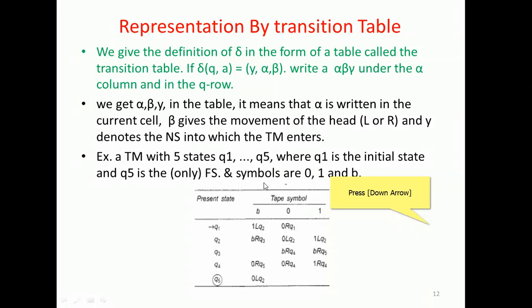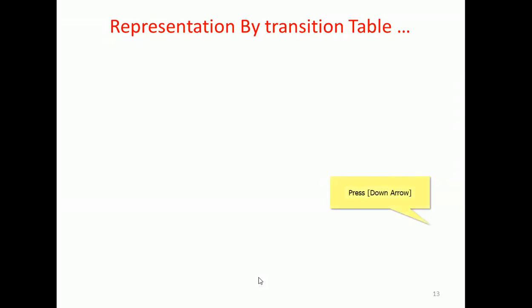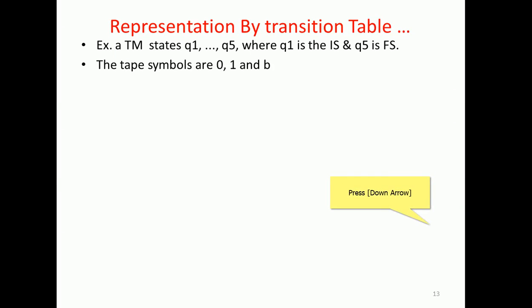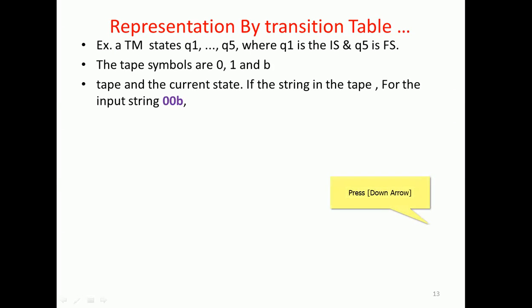So for 1, R, Q4, when the input is there, move towards the left side, and finally it reaches Q5, that is the terminating or halting state. And 0, L, Q2 goes back to Q2, that can be told with this symbol, turn towards the left side.